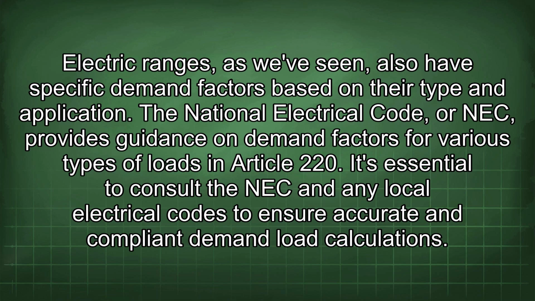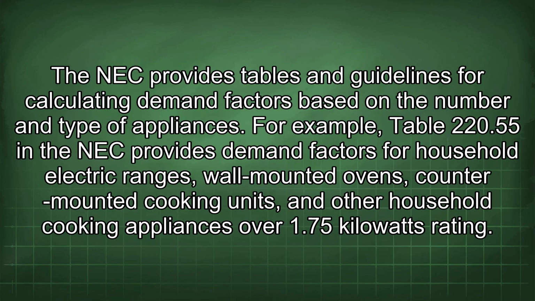The National Electrical Code, or NEC, provides guidance on demand factors for various types of loads in Article 220. It's essential to consult the NEC and any local electrical codes to ensure accurate and compliant demand load calculations. The NEC provides tables and guidelines for calculating demand factors based on the number and type of appliances.